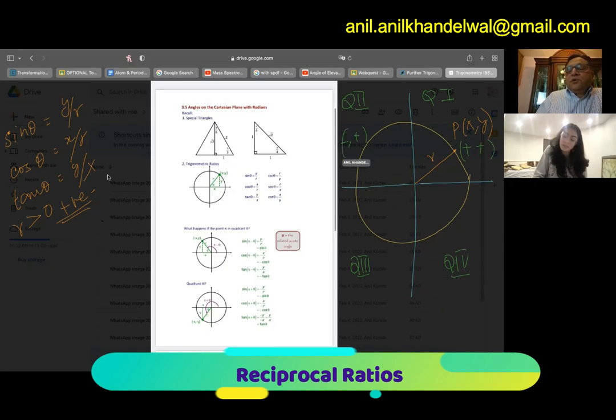In this case, both are negative, correct? In this case, we have positive and negative signs, correct? x is positive, y is negative in quadrant 4. Now, you can clearly see that the sign of sine theta depends on y, right? So wherever y is positive, sine will be positive. Clear?